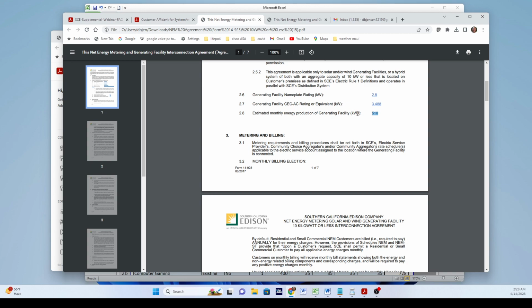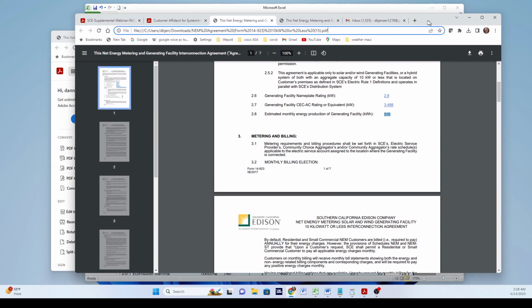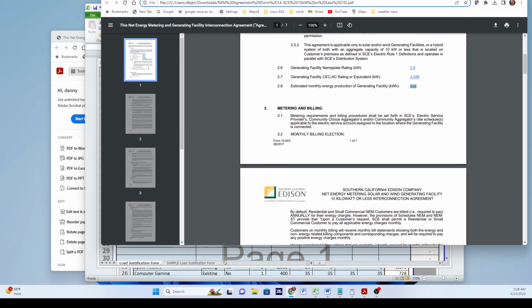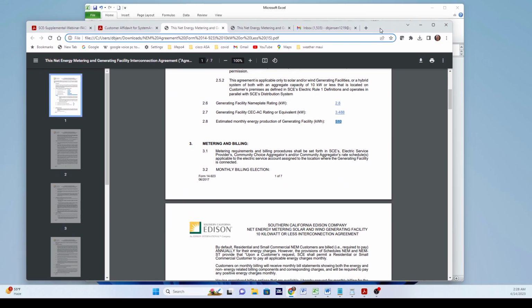So you multiply this by 12 and you get what your prospective system is generating, and that of course is dependent on how many panels you have, what kind of microinverters you have, how much shading you specified, what your tilt is, and which direction everything is facing.